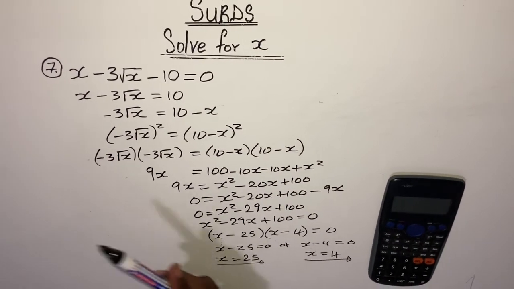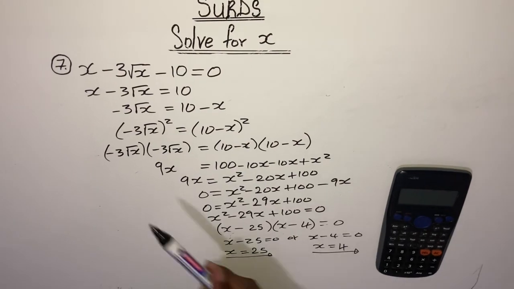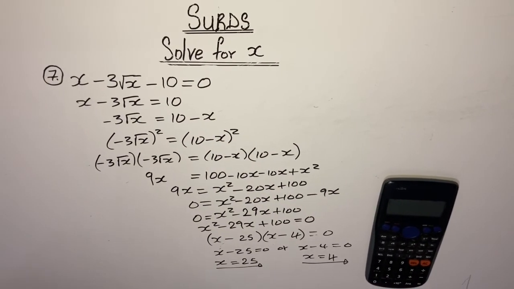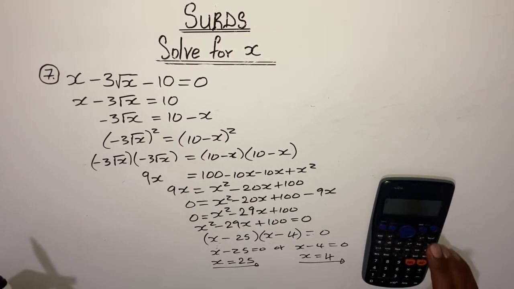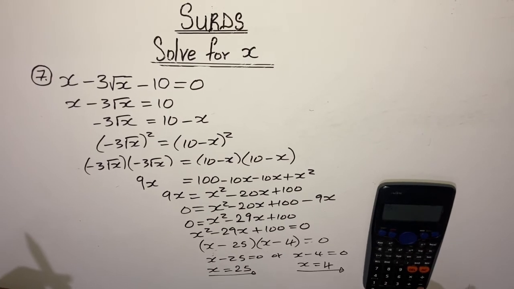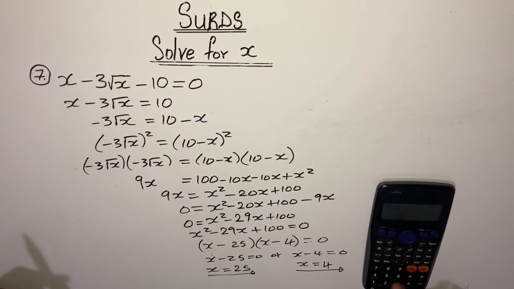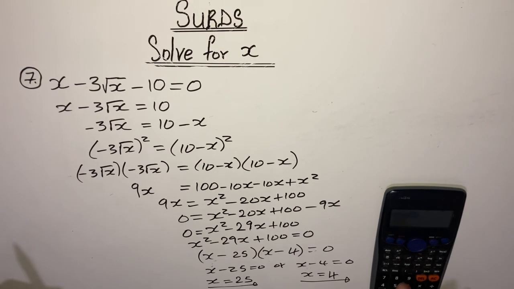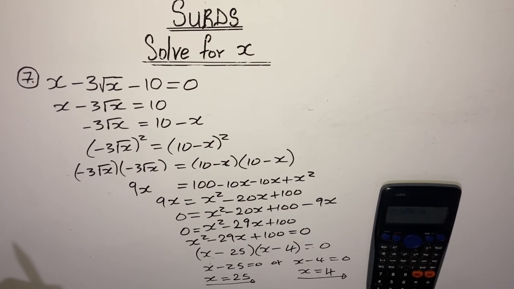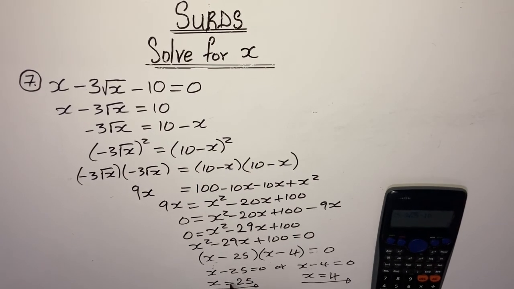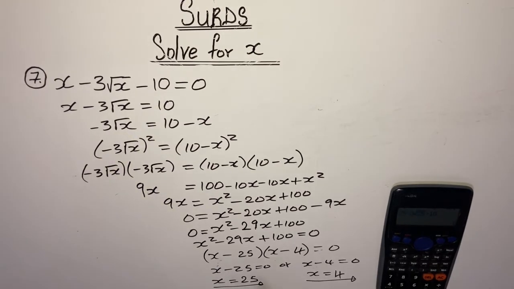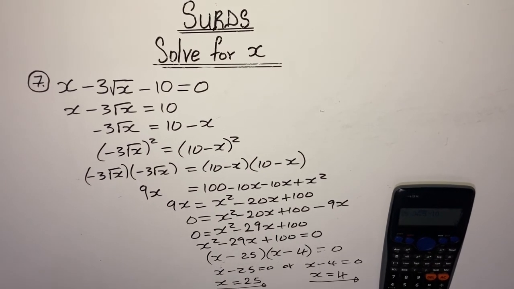Same goes, I'm going to take my 4, substitute in my equation, I must still get a 0. So now, you can also do it. You substitute your 25 where you see x, which is minus 3 root of 25, then minus 10. We indeed get a 0. If we substitute 25 where there is x, we do get a 0. So 25 qualifies to be used as our solution.